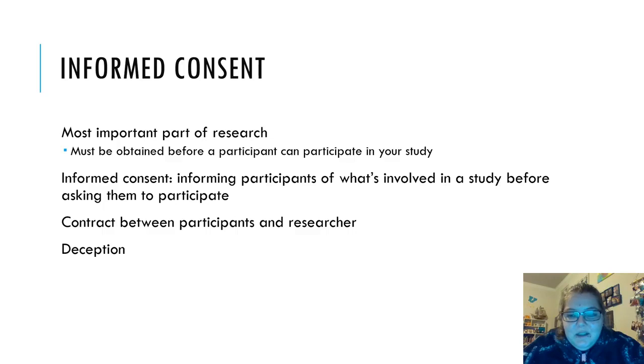Yes, that's deception, but it's justifiable deception because you cannot tell them you're measuring prejudice and discrimination and expect accurate data. However, whenever you use any sort of deception at all, you have to inform them of this deception at the end of the study. So once their data is collected, you have to tell them, hey, I kind of lied a little.